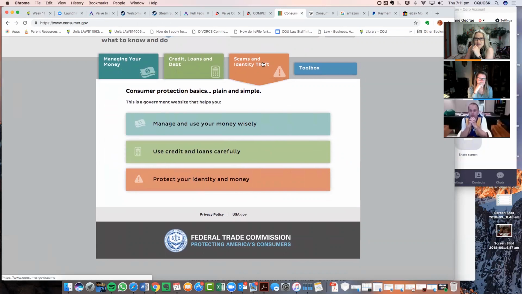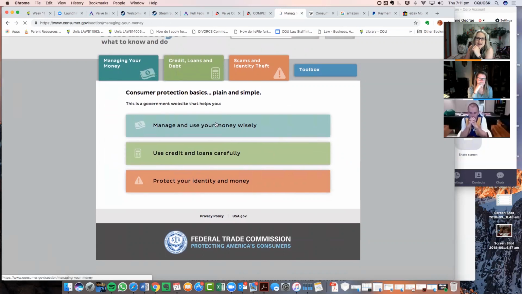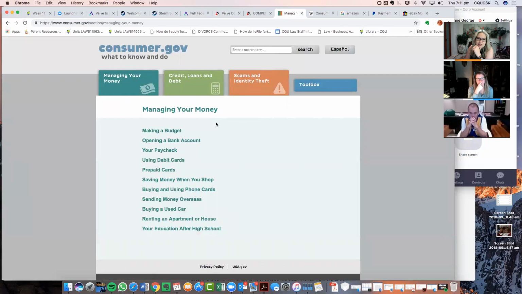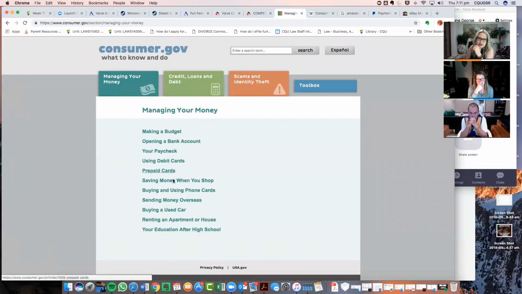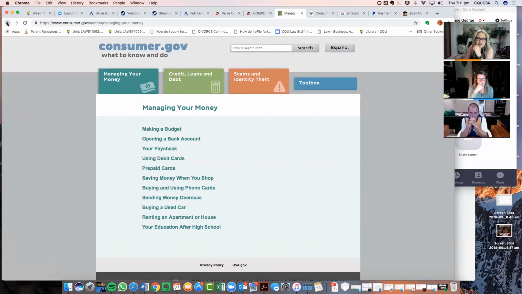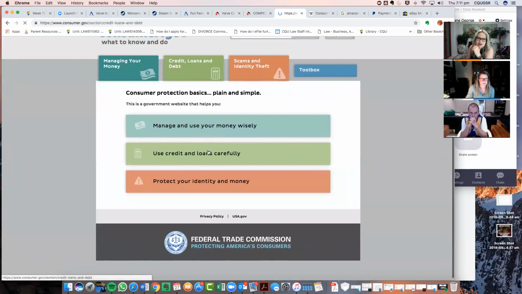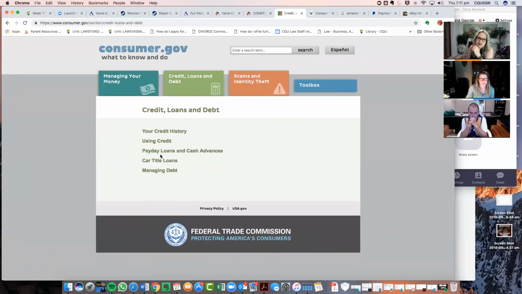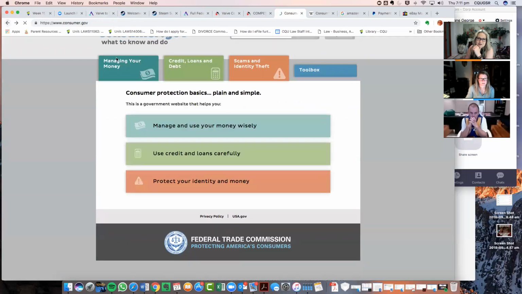Where's the information? Here, in terms of managing your money, it's all financial related stuff and just tips. Okay, so it's not there. Using credit and loans, again, basically financial issues there.